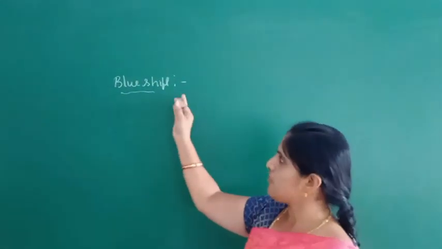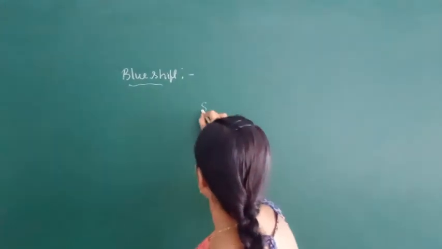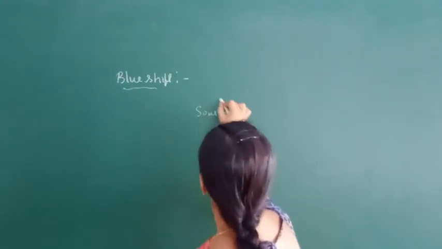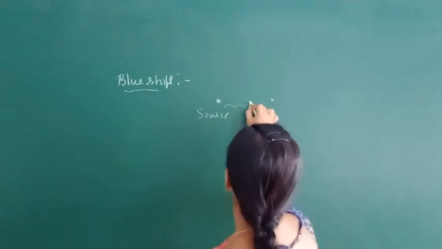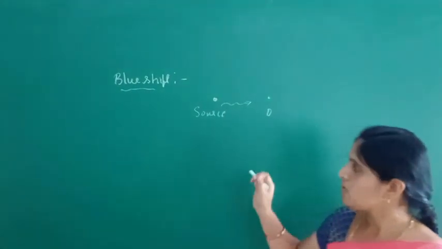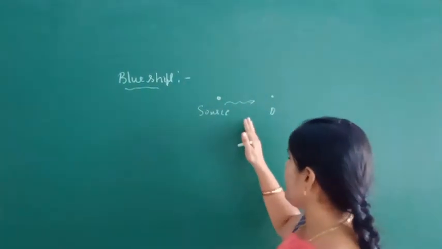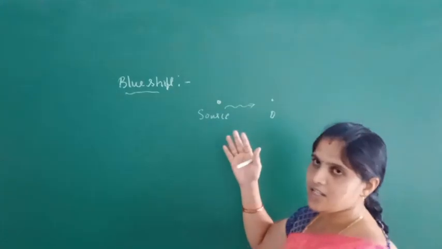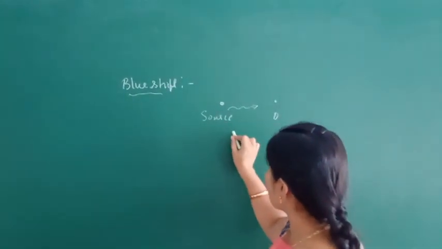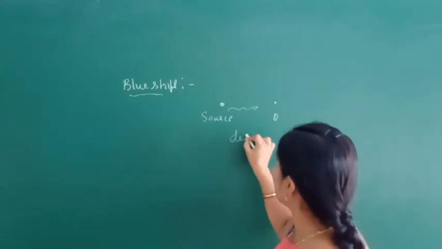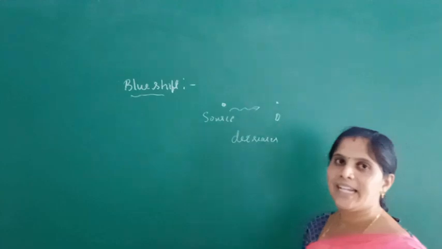Next, blue shift. When the source moves towards the observer, what happens? The apparent frequency changes. Here, when the source moves towards the observer, the apparent wavelength goes on decreasing.